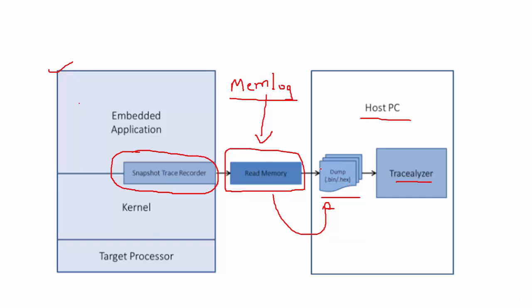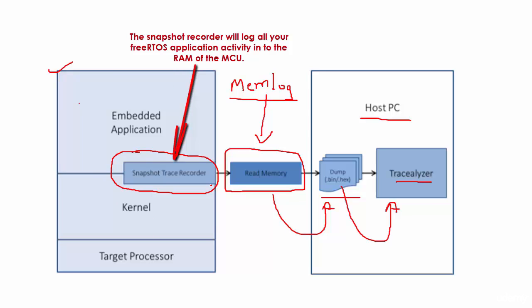Once you get the memory dump, which will have the extension .bin or .hex, you give that file as an input to the Tracealyzer software. Then the Tracealyzer software will plot whatever is happening inside your code execution. What exactly happens here is that the trace recorder is a software component which logs all the details into the RAM: all the task details, all the ISR details, the timing related parameters.